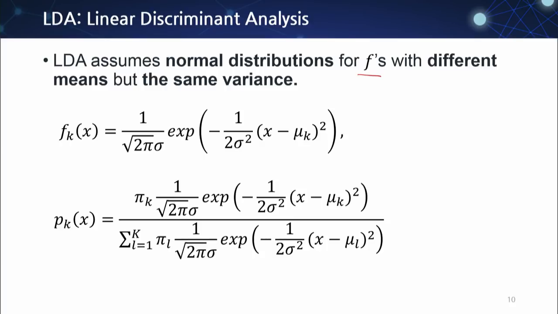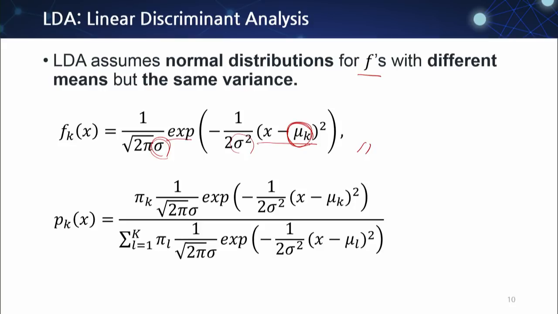So the PDF of each class is given like this: 1 over the square root of 2 pi sigma, where this is a common sigma, times e to the exponent of minus 1 over 2 sigma squared times (x minus mu_k) squared. This mu_k is the class-specific mean.